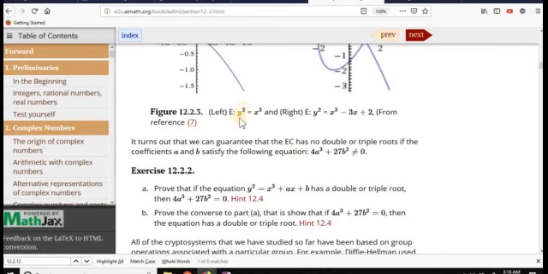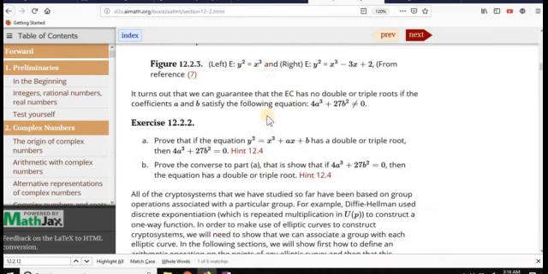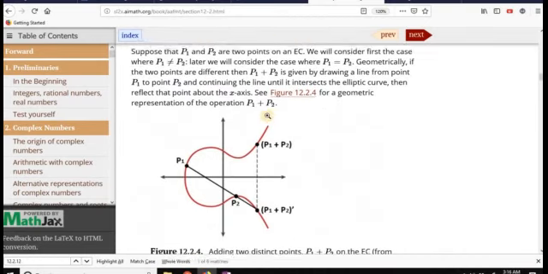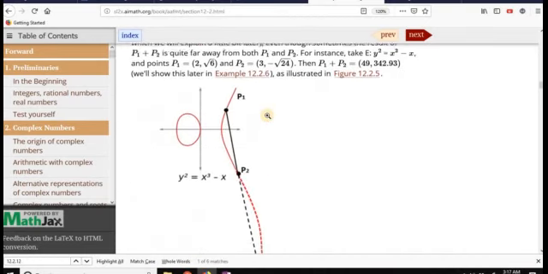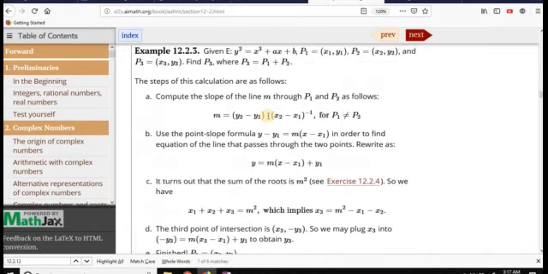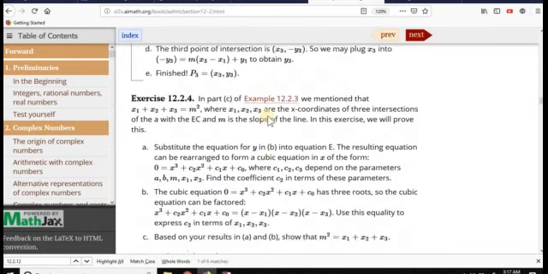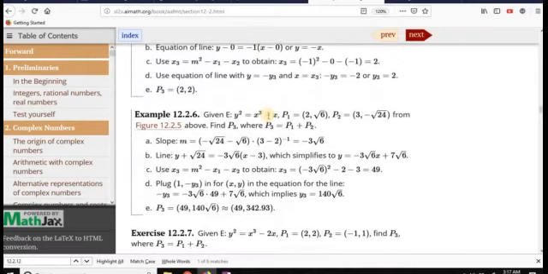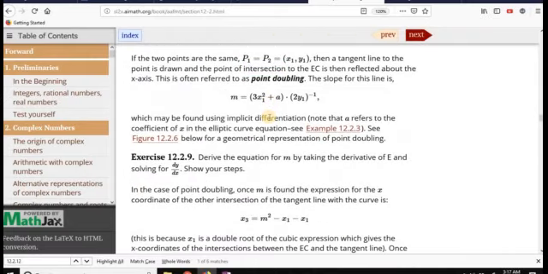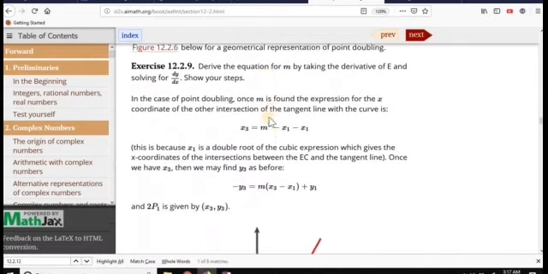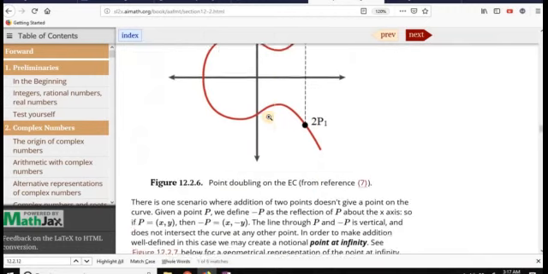You will have to use the chain rule to differentiate y squared. So again, this is setting up the algebraic machinery so that you can do the problem. All right, let's see. Let's go down.